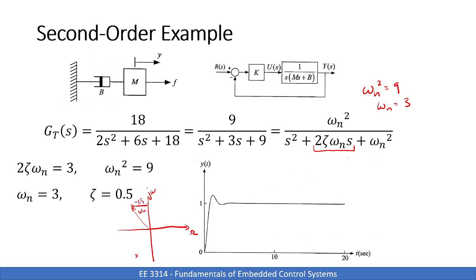So minus 1.5. Okay, so we'd expect this to decay at a rate of e to the minus 1.5t. And this oscillation frequency would be related to this omega n equals 3. Okay, just to reference what we were drawing before. So there's the location of our 2 complex conjugate roots.